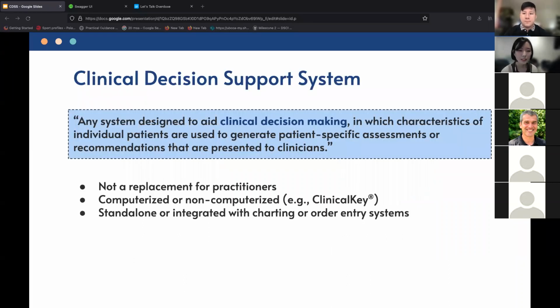Okay, so a clinical decision support system, or CDSS for short, is very broadly defined as any type of system designed to aid clinical decision-making, where individual characteristics of patients are used to generate patient-specific assessments or recommendations that are then presented to clinicians.